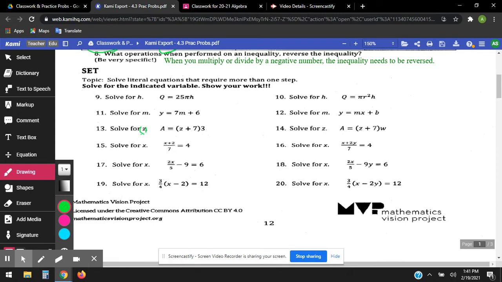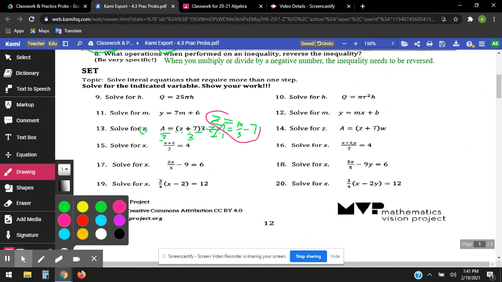We want to work my way towards z. 3 is on the outside. Let's divide by 3. So z plus 7 equals a over 3. To get rid of a plus 7, I need to subtract 7. So z equals a over 3 minus 7. So 2 steps on that one.